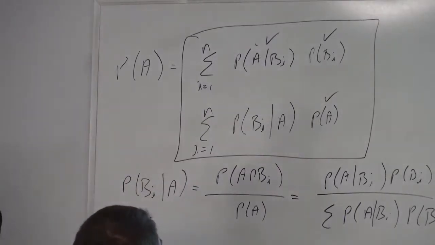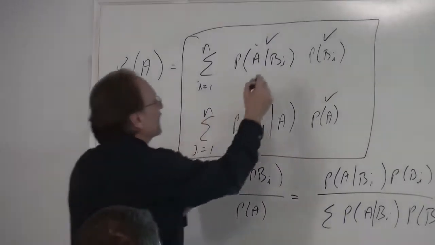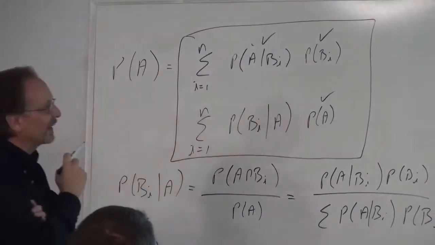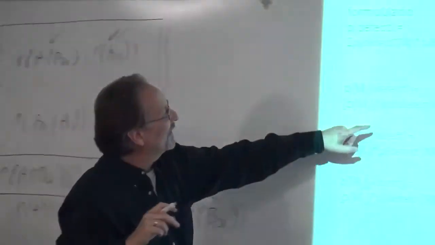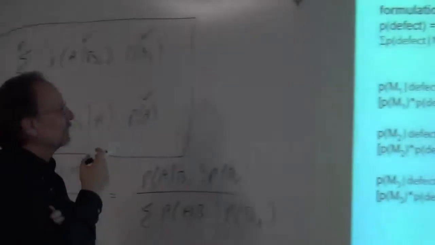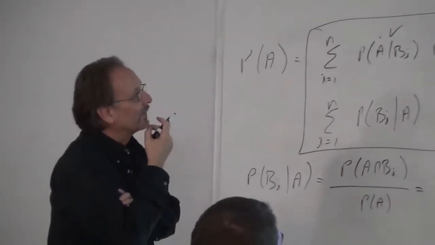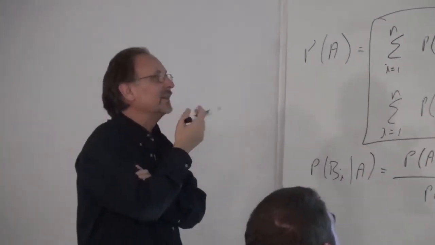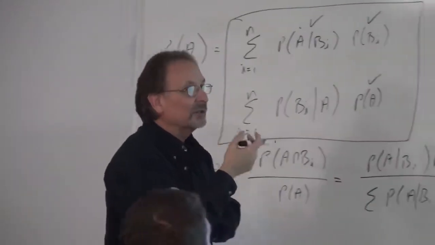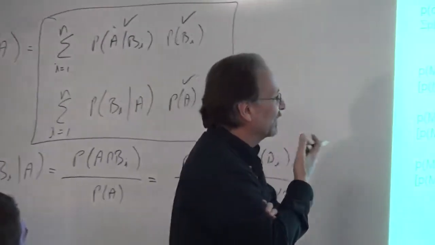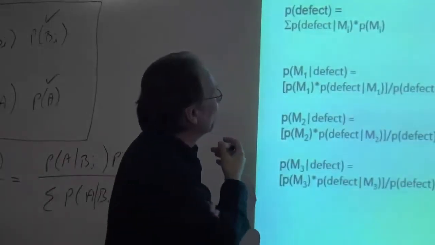You manipulate it so that you take this and divide it by the probability of defect, which is exactly what I did right there, and you can get the probability that it came from machine 1, given that it's a defect, machine 2, given that it's a defect, and machine 3, given that it's a defect.